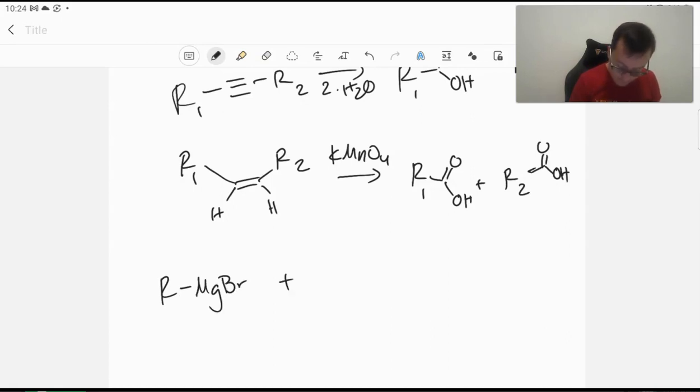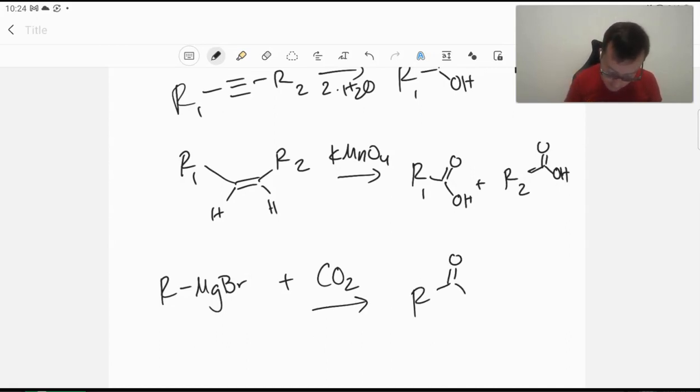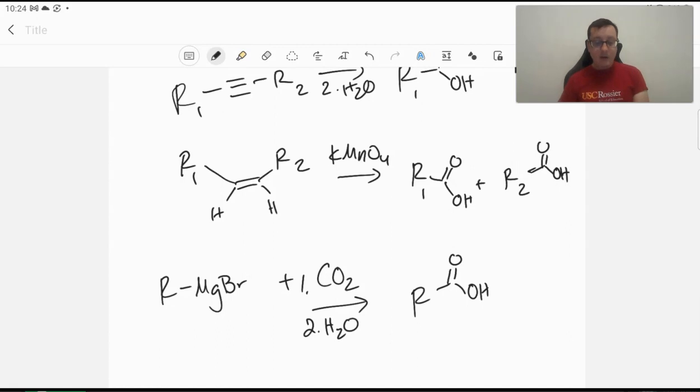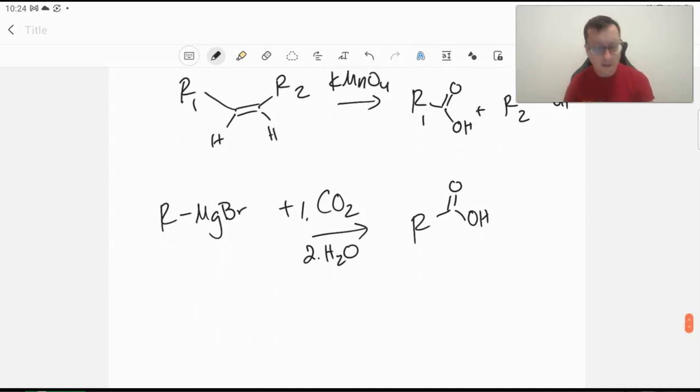So, if you use CO2 as your reagent, if you use carbon dioxide with a Grignard reagent, you will end up making a carboxylic acid. Yeah, so that's another way to do it. So lots of fun ways. You can also hydrolyze esters. I think maybe you talked about that.